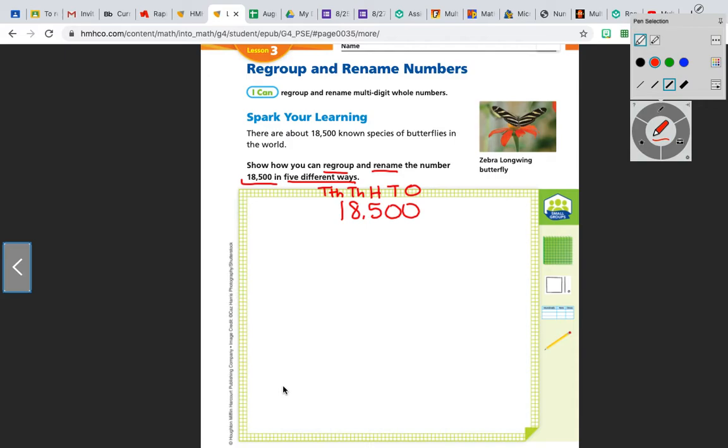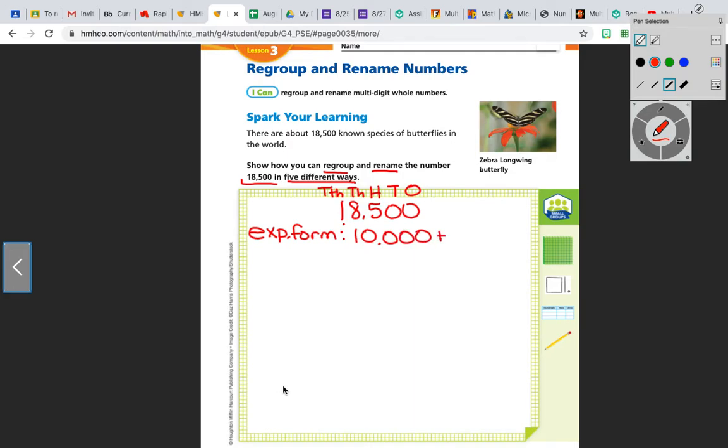So one of the ways we talked about last week was in expanded form and word form. So we're going to write those out. So one way we can do is expanded form. I'm going to abbreviate expanded form, and I'm going to look at the value of each digit. So that 1 is in the 10,000s place, so I have 10,000. The next digit is 8.